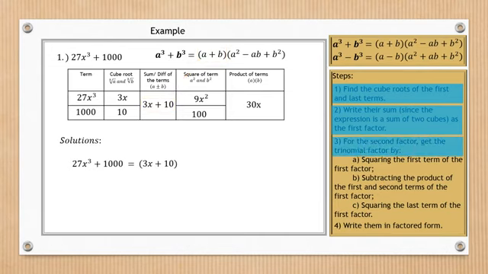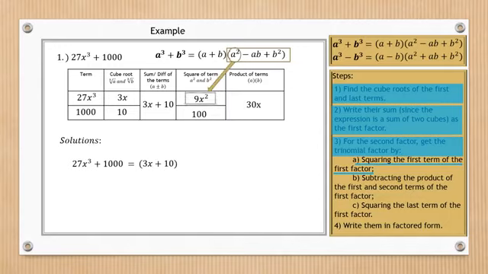For the second factor, get the trinomial factor. We have 3 sub-steps. First is this one, the second factor. First is squaring the first term of the first factor. Meaning, that is A squared. Where is A squared?